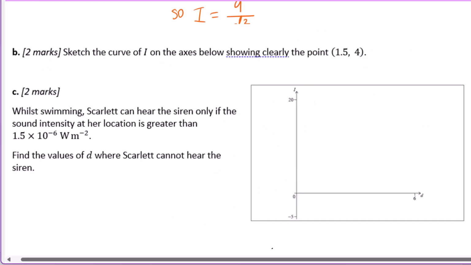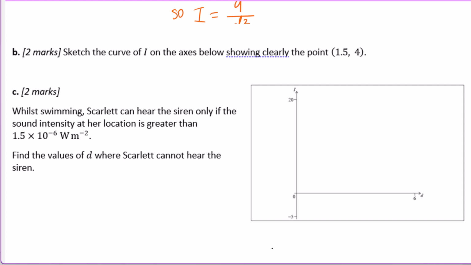Let's go to B. Sketch the curve of I on the axis below, showing clearly the point 1.5, 4. Look at the x-axis. 0 to 6. Half is 3. Half again is 1.5.